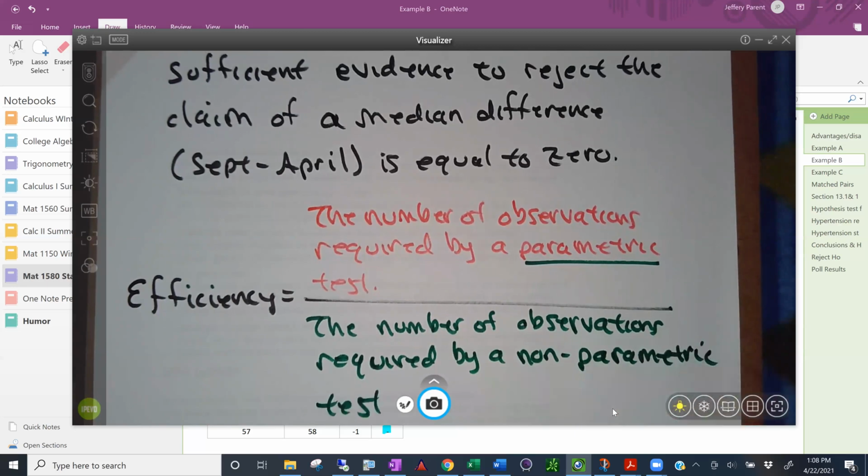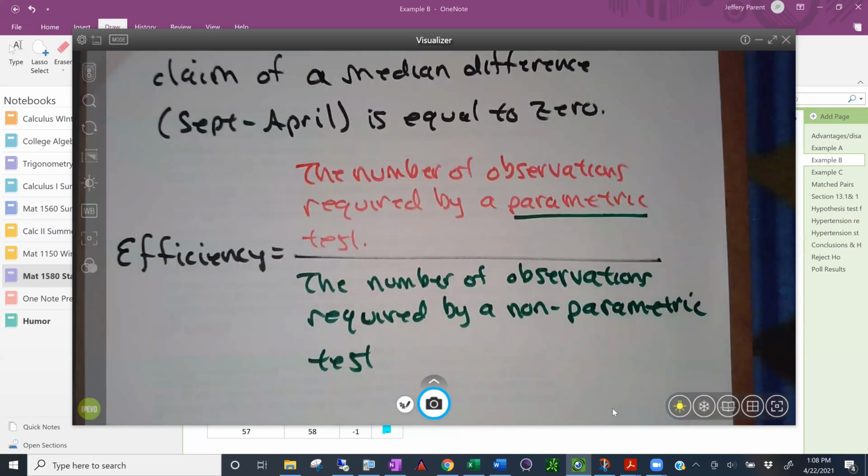And so far, you only know one non-parametric test, and that one non-parametric test is called the sign test. The sign test isn't very efficient at all. It's actually really poor on the efficiency scale. I'll give you a chance to copy this down before I flip to the page that shows the efficiencies, and it's on one of your handouts.